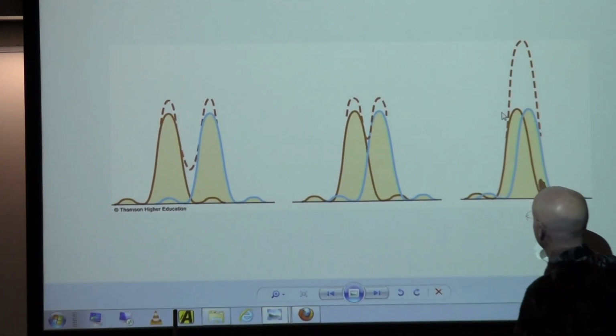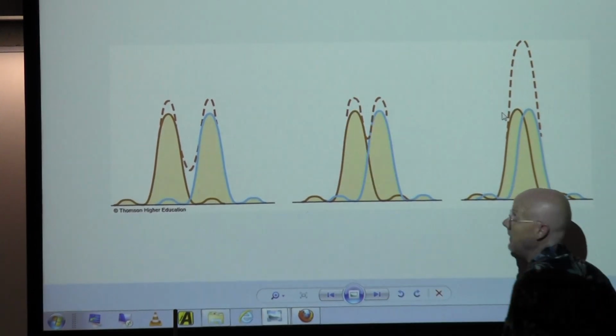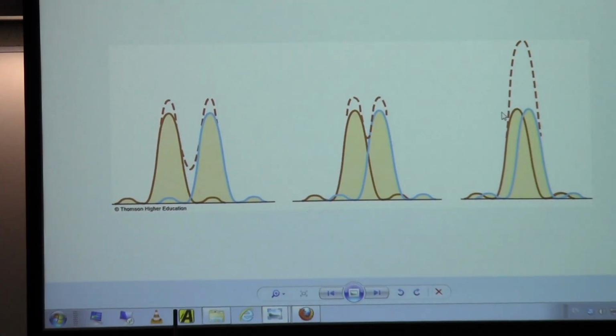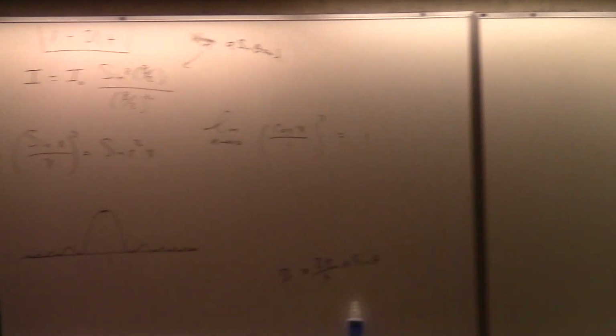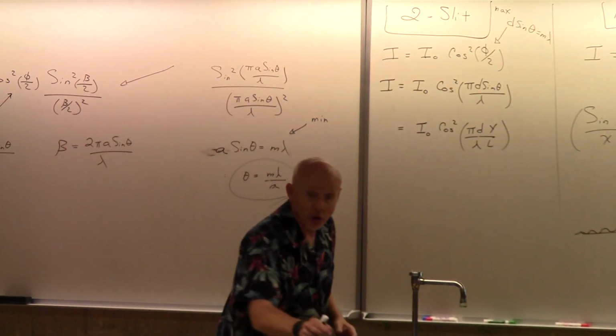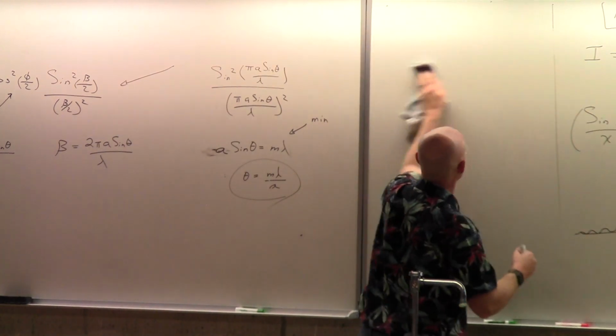If they are closer than that, then you don't get really a dip in the intensity pattern. And so this is as close as those two objects can be, and still be resolved by either your eye or a camera, because there's no dip in the intensity. And your eye and your camera just picks up the intensity.